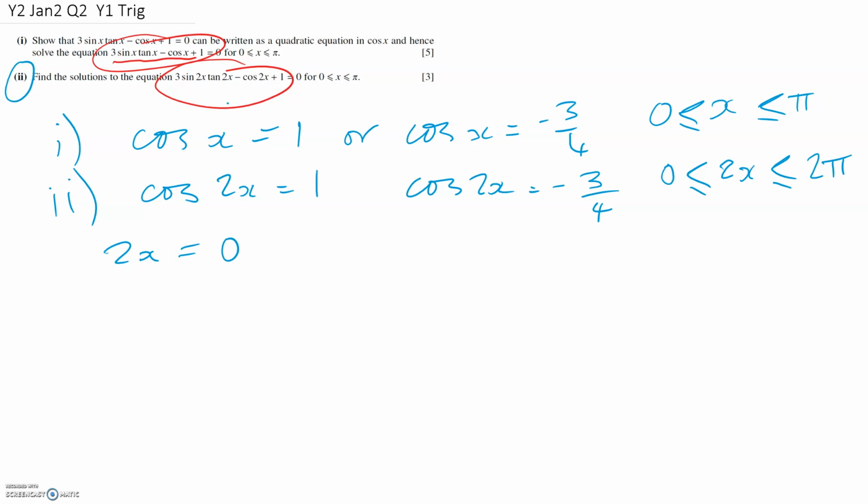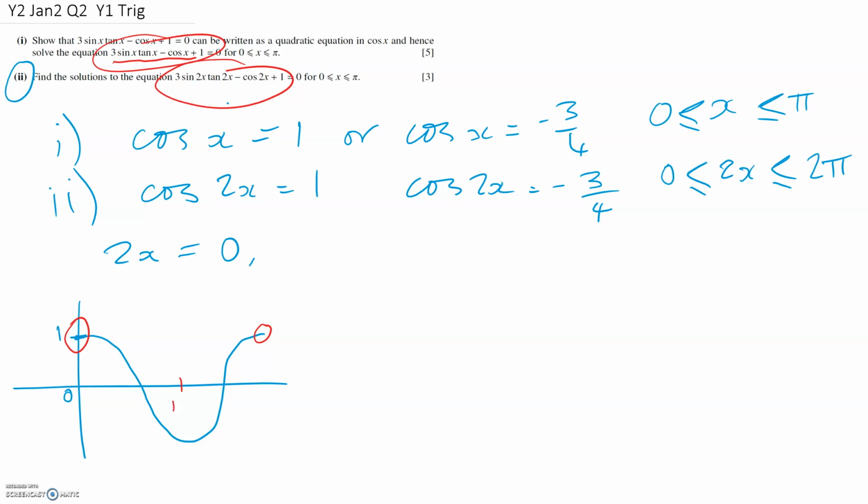Now, if we do inverse cos here, we're going to get 2x equals 0. Now, if you think about the cos graph, where else does the cos graph equal 1? The cos graph looks like this. It equals 1 here, and it also equals 1 over here, which will be at 2 pi.